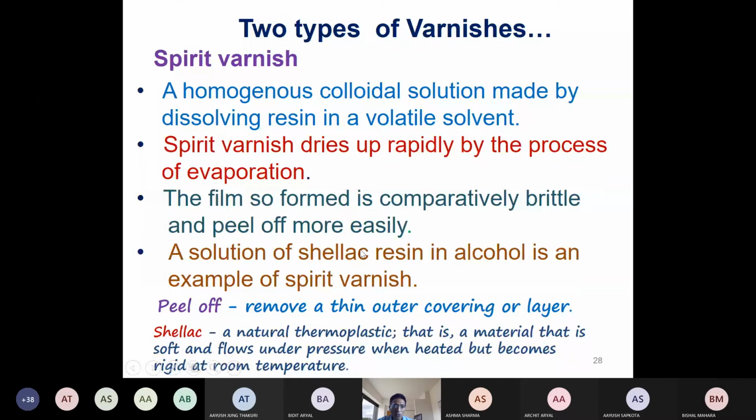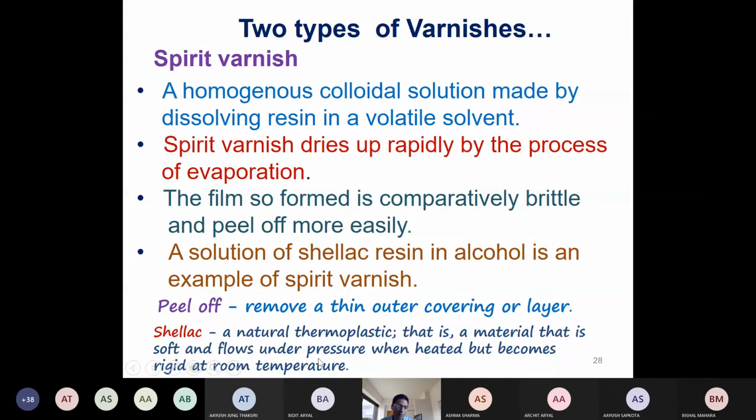This film can be scraped off. It dries quickly because after evaporation the volatile solvent vaporizes. The solution of shellac resin in alcohol is an example of spirit varnish. Shellac means natural thermoplastic, that is soft and flows under pressure.